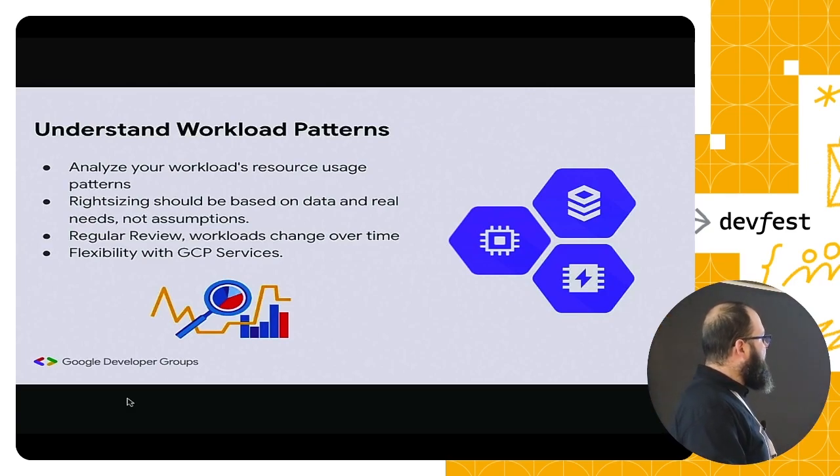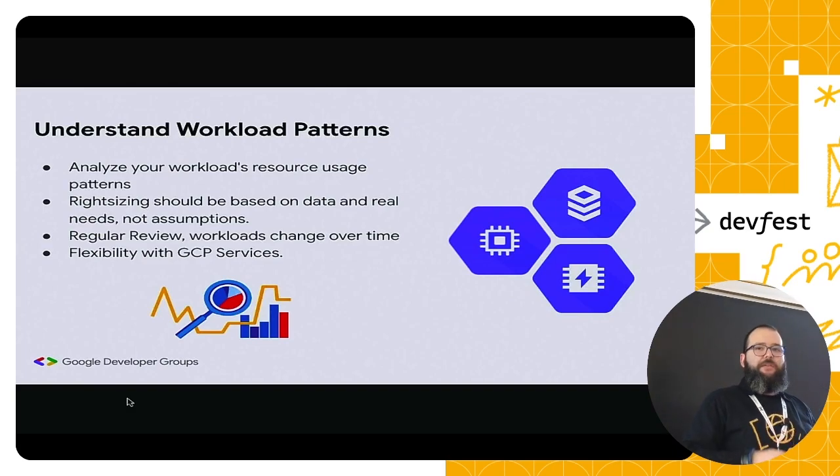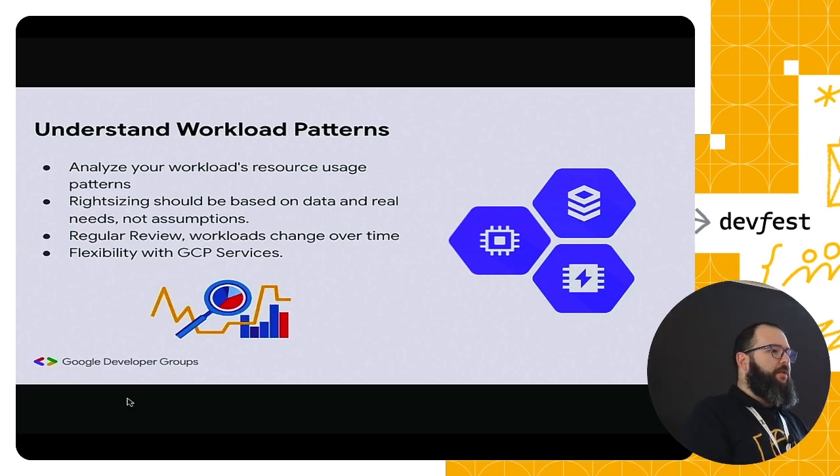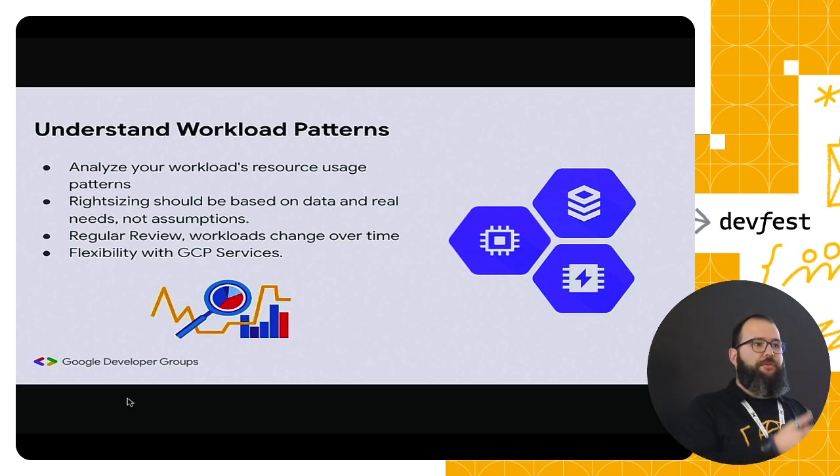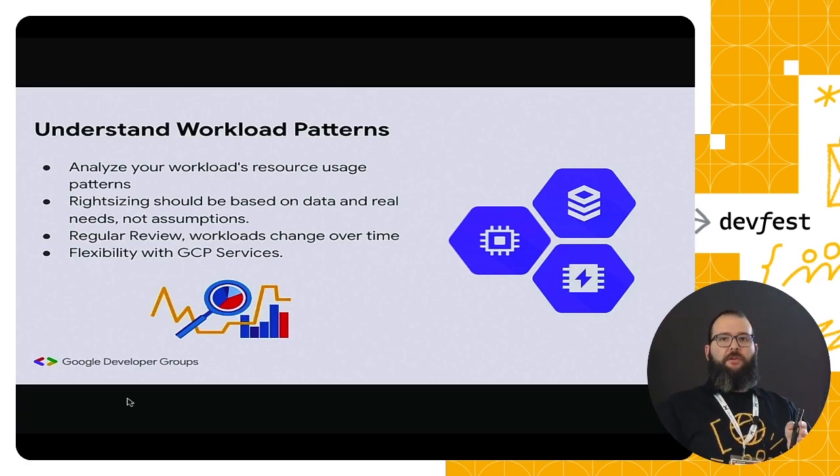The part that I was saying is right sizing shouldn't be based on guesses or on things that we think. You're gonna notice throughout the presentation that everything that I'm talking about seems like I want to implement something, knowing the information first.